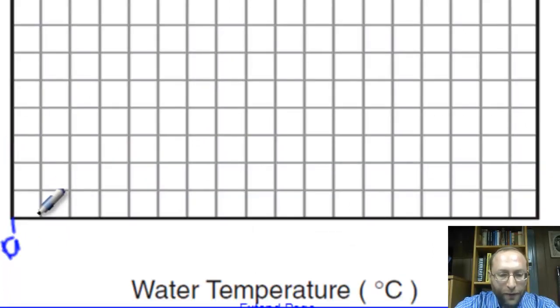Now, let's see. How many do we have? First thing you want to do is say, okay, how many do we have going across here? We've got 1, 2, 3, 4, 5, 6, 7, 8, 9, 10, 11, 12, 13, 14, 15, 16, 17, 18. So that's not enough to get to 35. So let's see, if we go by 5, you got to see 5, 10, 15, 20, 25, 30, 35.